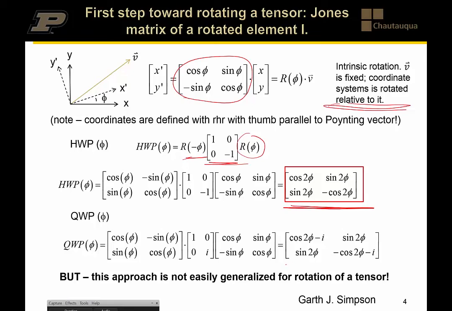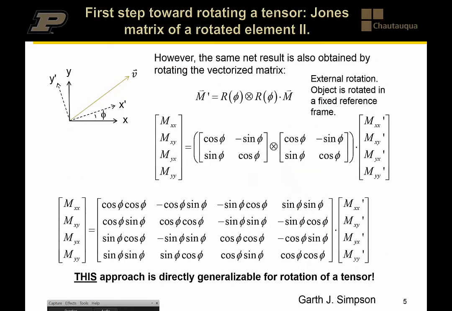You can similarly go through the analysis and come up with the rotation matrix of a quarter-wave plate. Again, if we want to generalize it, the sandwich architecture is not as convenient as the projection architecture. In the projection architecture, we can describe this rotated half-wave plate by taking a Kronecker product of the rotation matrix with itself, and then multiplying that by the vectorized form of the Jones matrix.